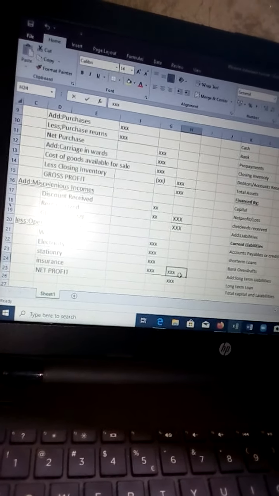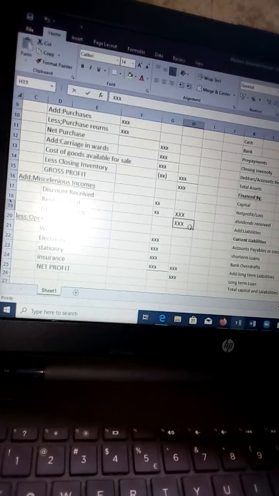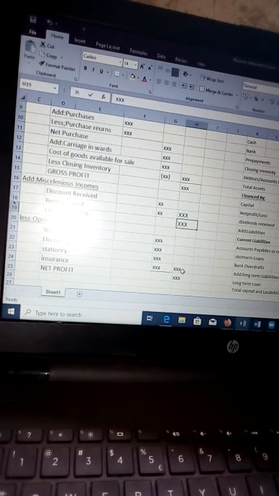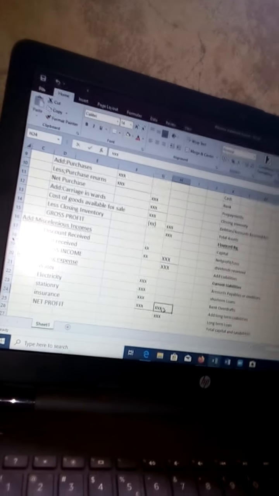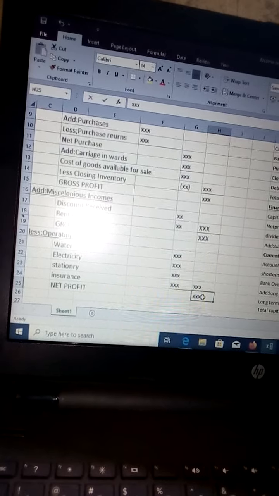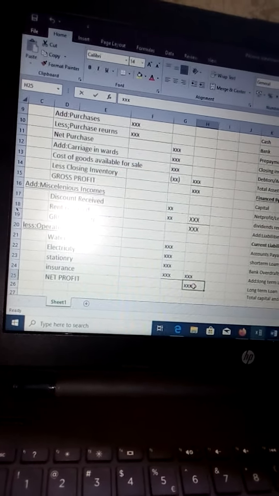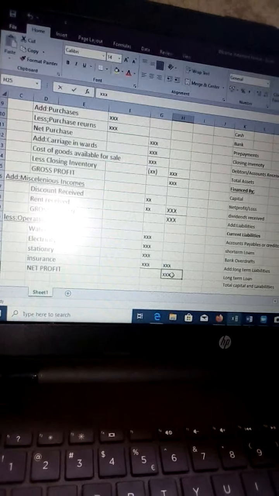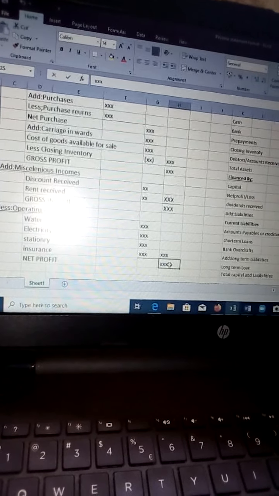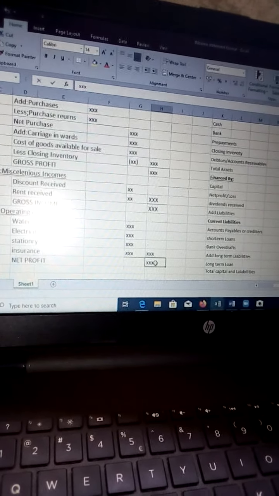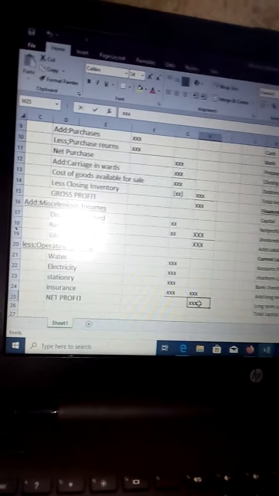It is here. So when you get the gross income and subtract the total operating expenses, the answer you get is called a net profit. So what is the net profit? It's this profit you get after you've got the gross income and you subtract the administrative or the operating expenses.